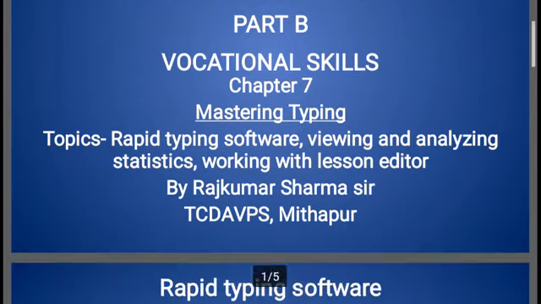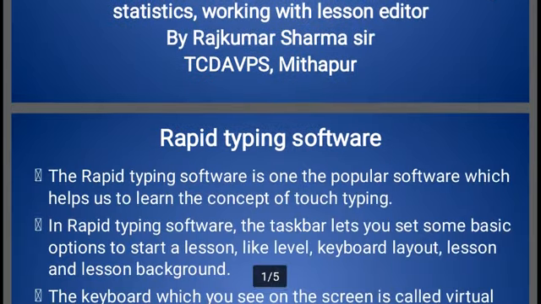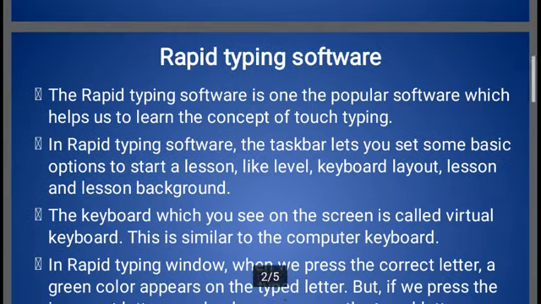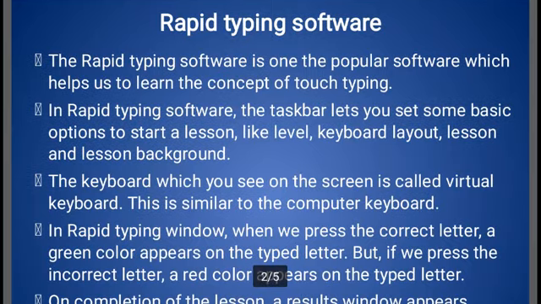First, we know very well what a rapid typing software is. This is a typing practice software. We can practice our typing easily and effectively. It will manage all our activities and display our progress report.